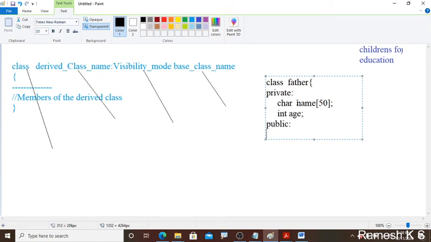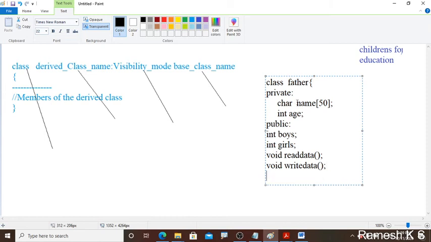So I'm taking int boys, int girls, void read data, and void write data.